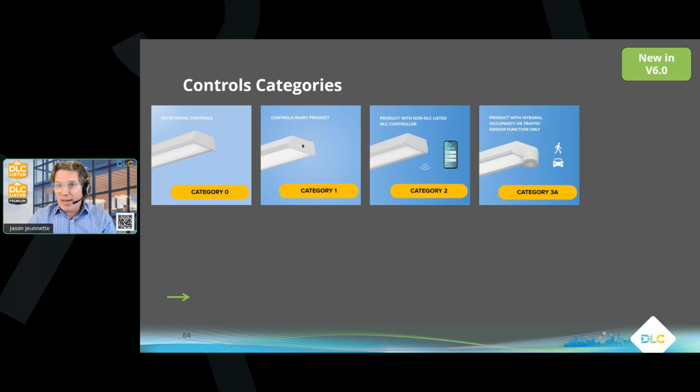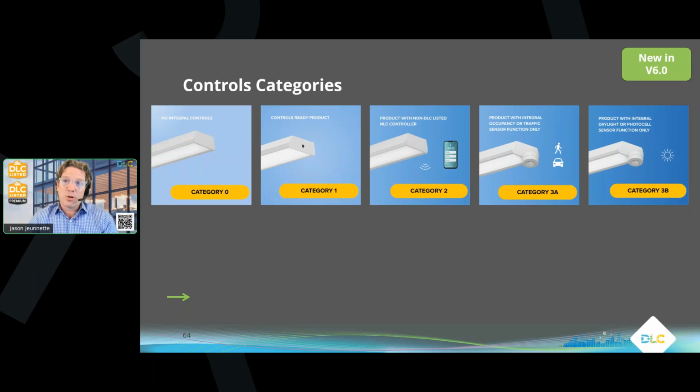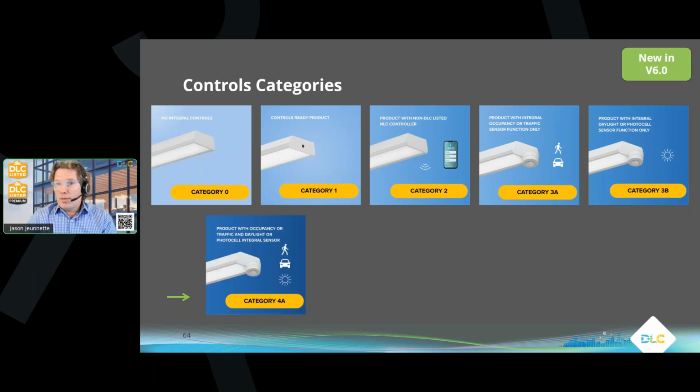Category 3A is a product with an integral occupant sensor or traffic sensor function only. Category 3B is a product with an integral daylight or photocell sensor function only. Category 4A is a product with occupancy or traffic and a daylight or photocell integral sensors on board.